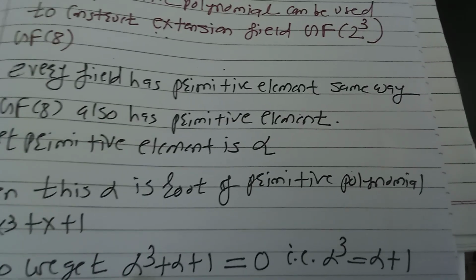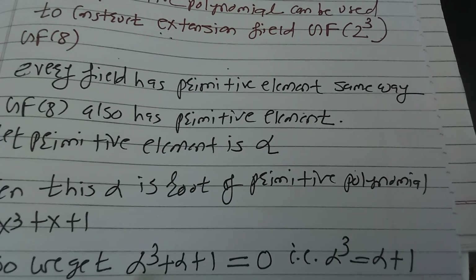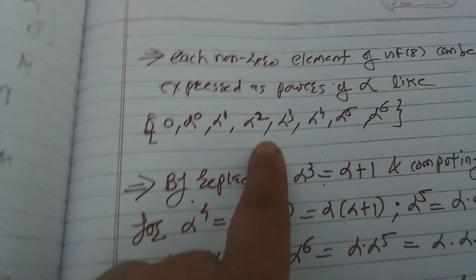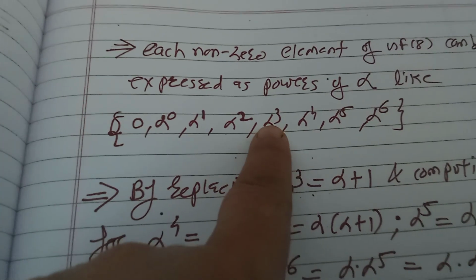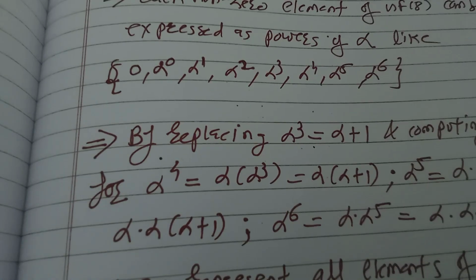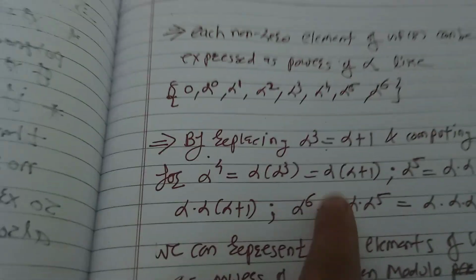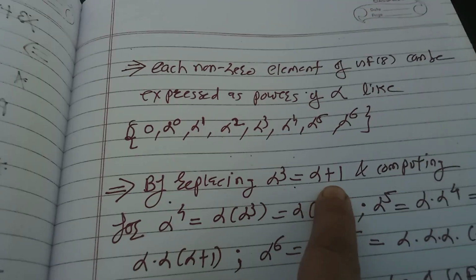The minus is not there, so instead of minus we write plus in mod 2 operations. So alpha cube is equal to alpha plus 1. So these elements from alpha cube onward we can represent in terms of this equation, that is alpha cube is equal to alpha plus 1.